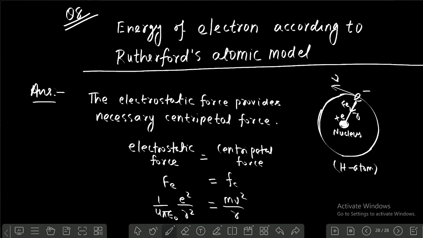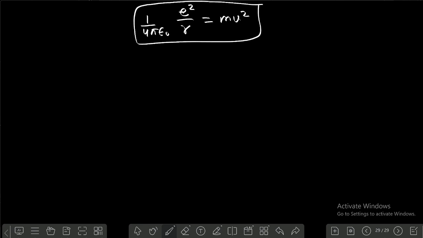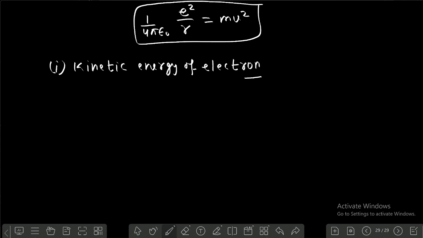So now, just a minute. 1 by 4 pi epsilon naught E square by R equals mv square. So I got mv square. Now if I want to find the kinetic energy of the electron, the kinetic energy will be 1 by 2 mv square.